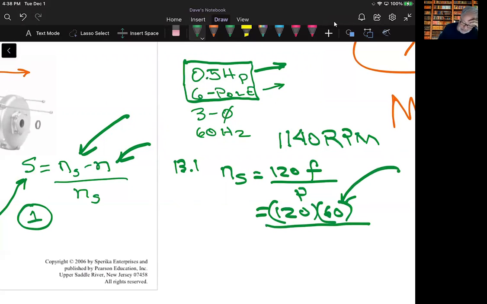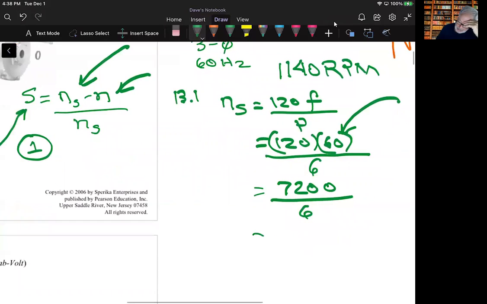The number of poles is 6. So I have 7,200 on the top, divided by 6, and the answer is 1,200 RPM.